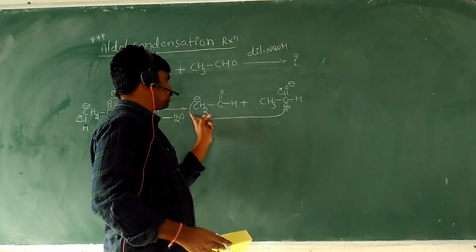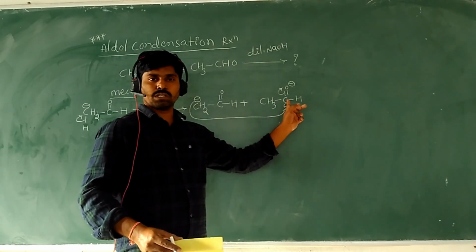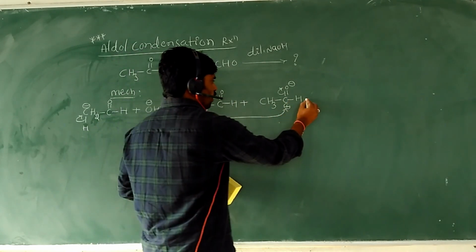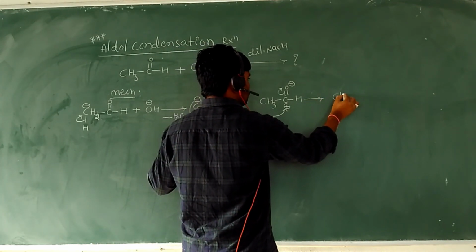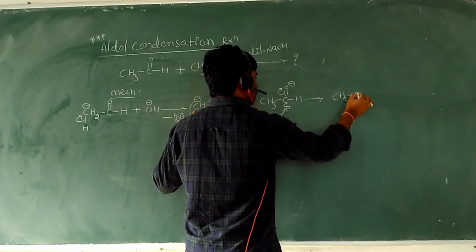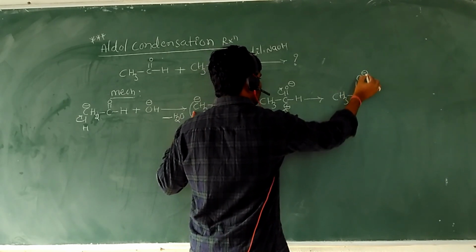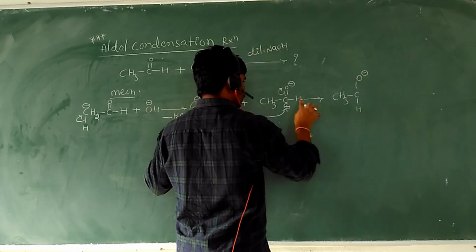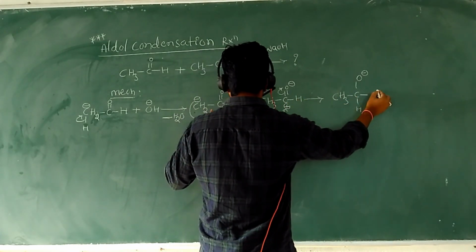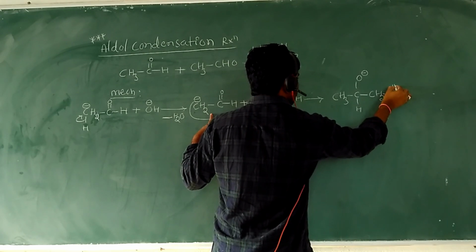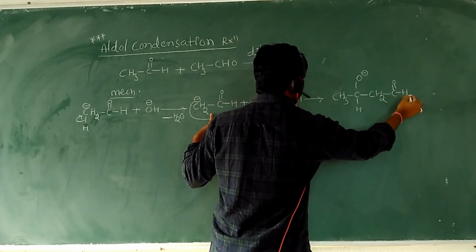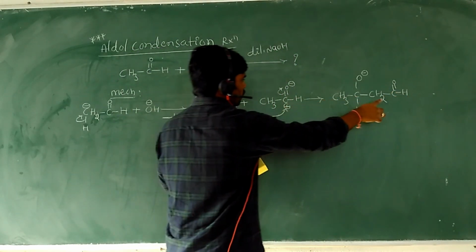Now the negative carbon bonds with the positive carbon. After that, look here. I write CH3 CO minus like this. Here I write one hydrogen, and this group CH2, C double bond O, as it is, I wrote here.